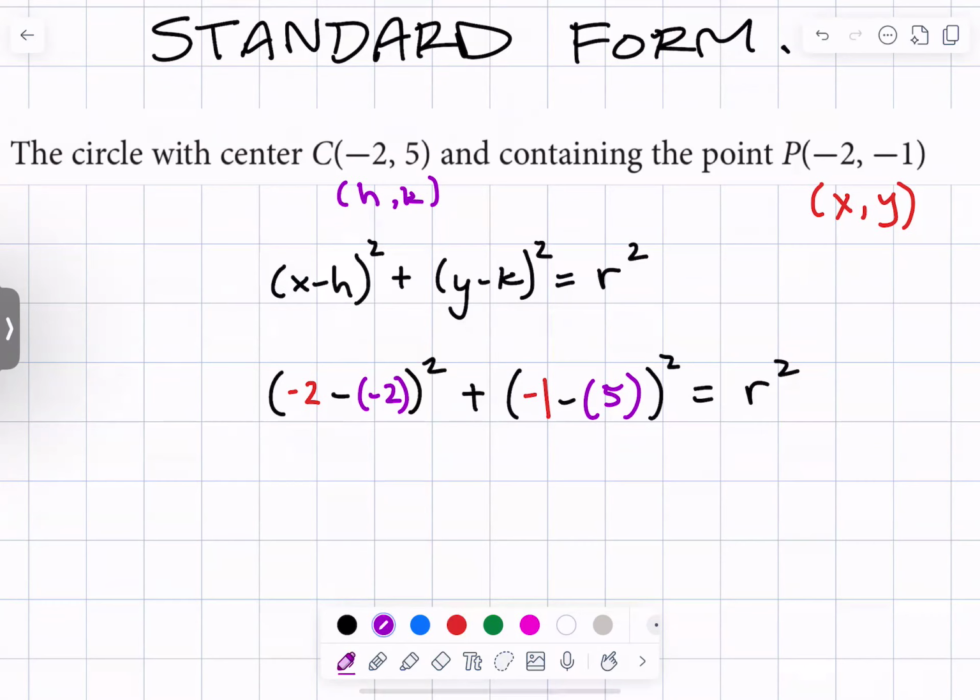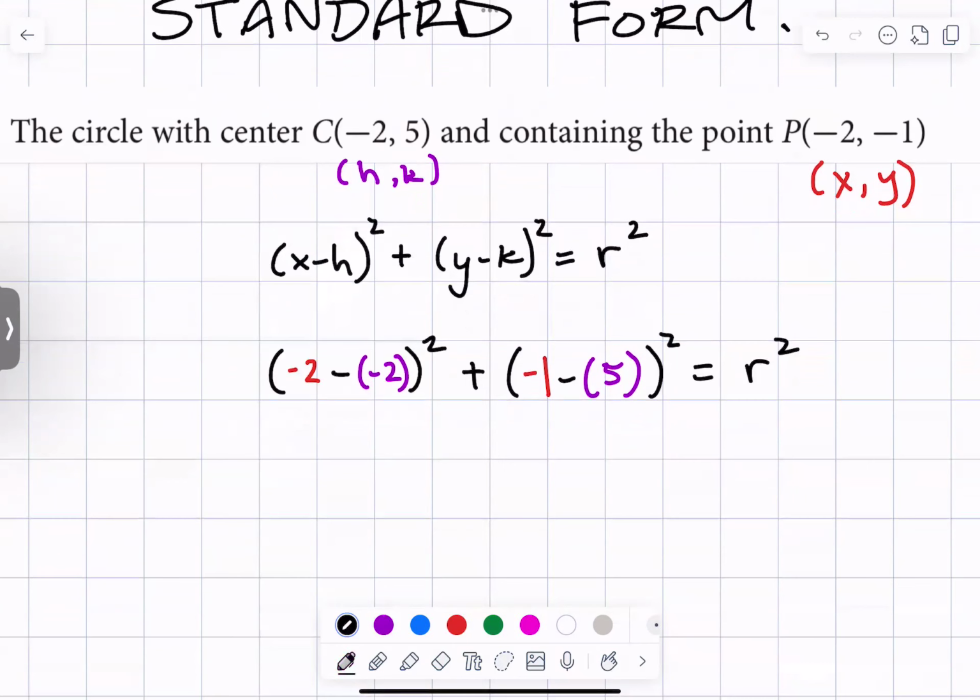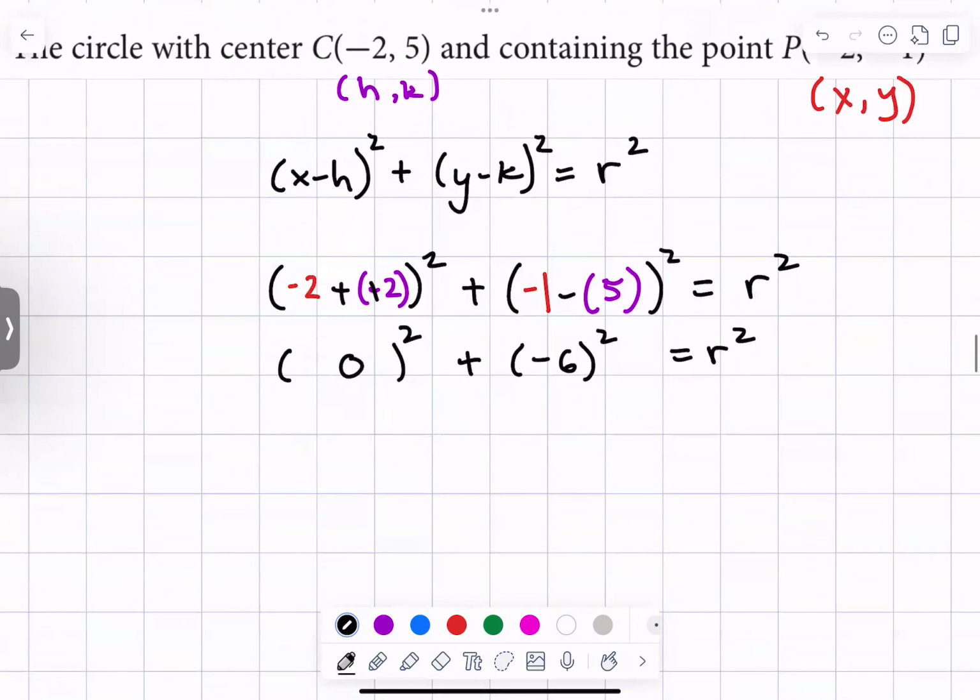So if I simplify this, -2 plus 2 is 0 squared, plus -1 minus 5, that's -6 squared, equals r squared. So that's 0 plus (-6) quantity squared, which is 36, equals r squared. So my r value, if I square root this, is going to be +6.